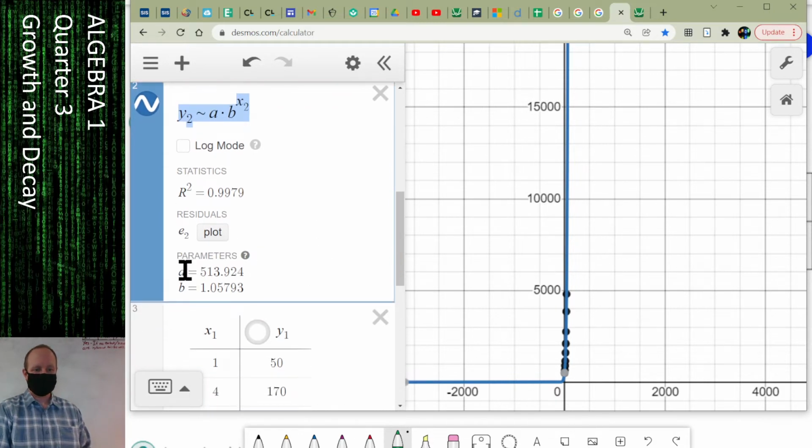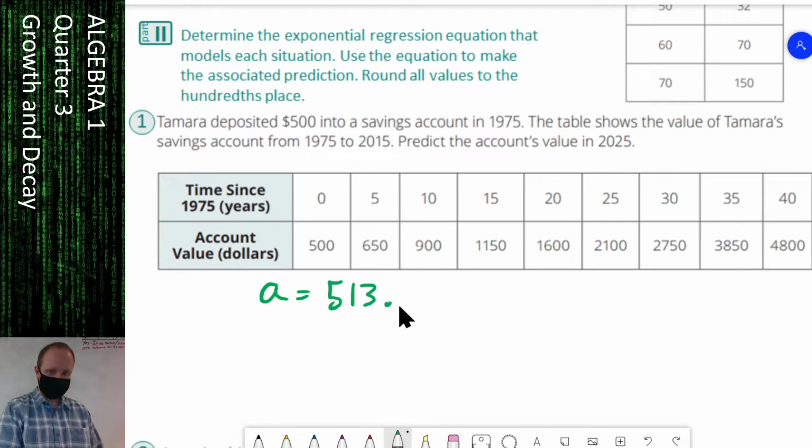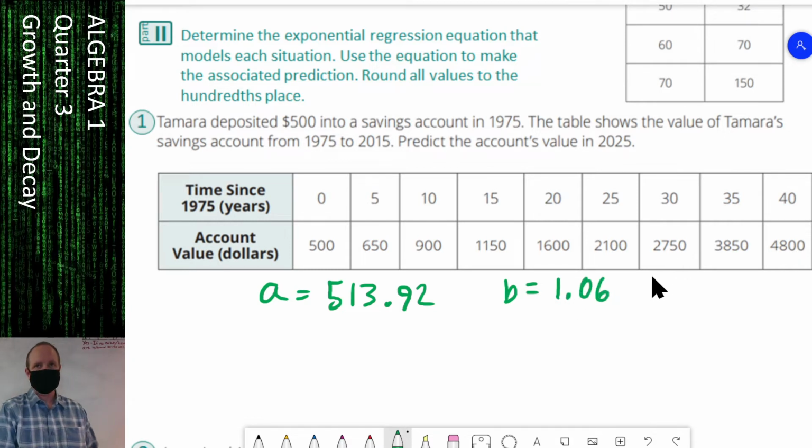So I'm going to go ahead and copy my A and B values onto my worksheet. A value was 513, and rounding to 2 decimal places, 2 digits behind the decimal, I'll say 0.92. My B value that Desmos calculated was 1.06. And it's good to know the correlation coefficient.